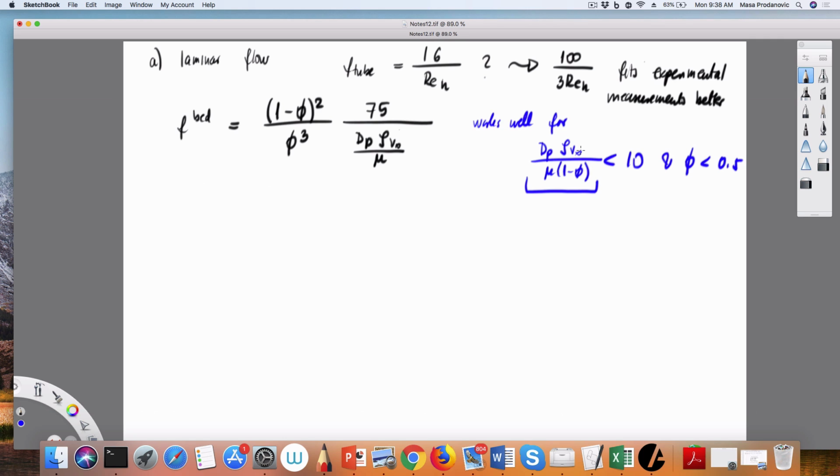So my result 16 over Reynolds is for a real tube, with Reynolds number for the actual tube, not for a SpherePack. So here they're like, okay, let's try to fit 16 over Reynolds number for a SpherePack, just conceptually, and then compare that to experiments.